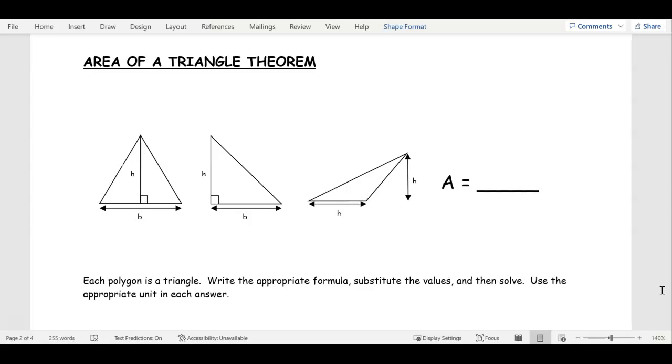And that is that a triangle is not the same as a rectangle. There's one difference. When you're finding the area of a triangle, the only difference is that it's half. So instead of just base times height, it's a half base times height. Or you could say base times height divided by 2. So let's write that down.